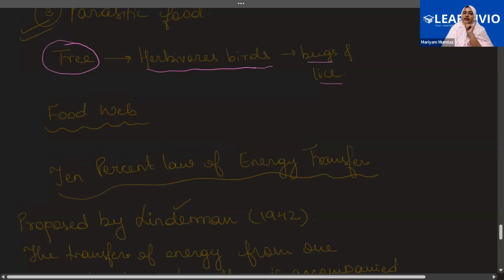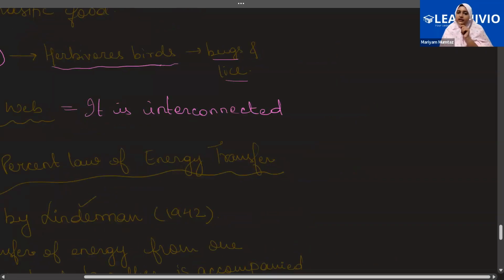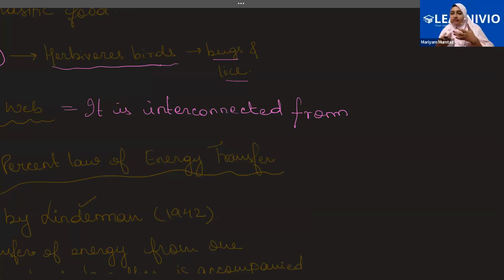So a food web tells us about how interconnected it is, the interconnected food chains. Normally in our world, in our ecosystem, simple food chains can't exist because one organism is connected to another organism in some way or the other. So there comes the food web.